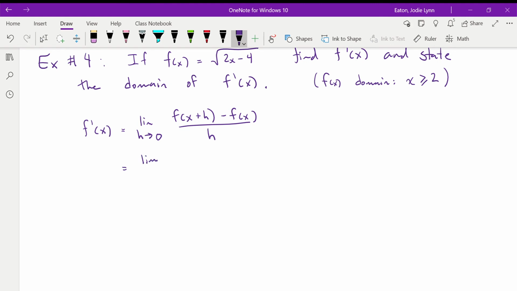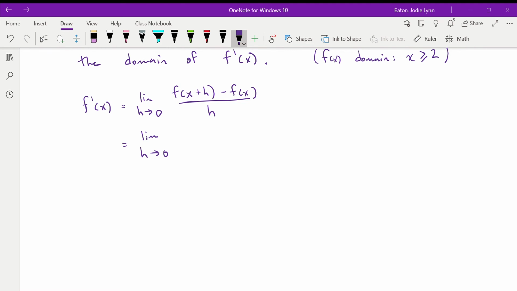So we have the limit as h approaches 0 of radical 2 times x plus h, we're replacing all of our x's with x plus h in the first bit, so radical 2 times x plus h minus 4, minus radical 2x minus 4, all over h.